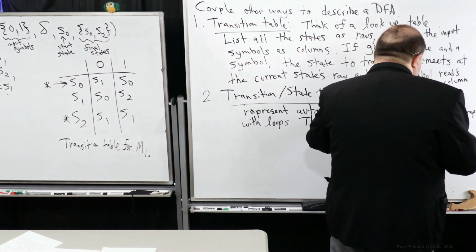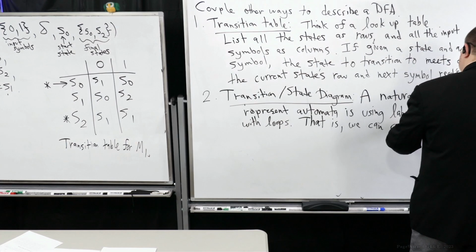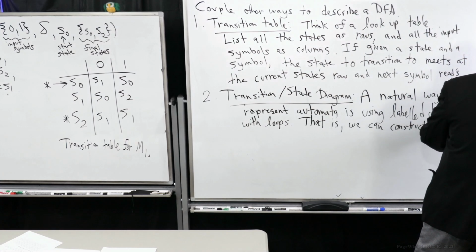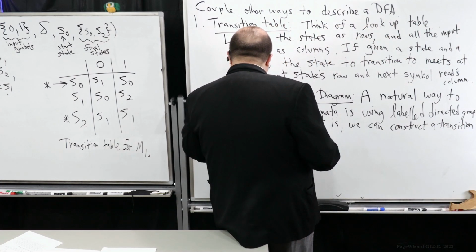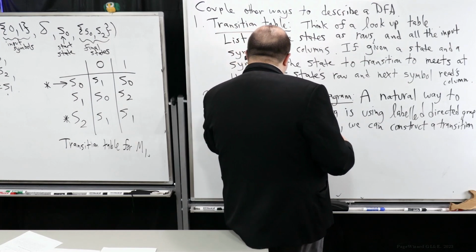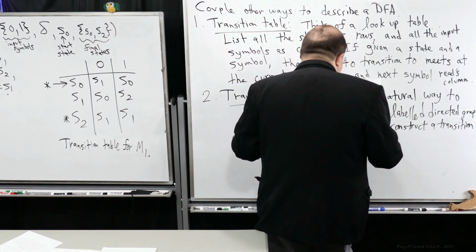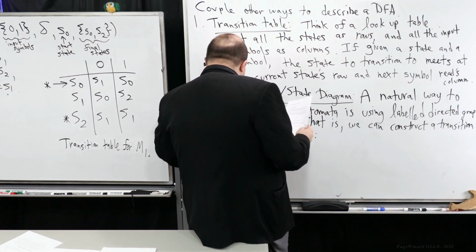That is, we can construct a transition diagram as follows. So we're going to have vertices for the states. That's the first thing you need to know.